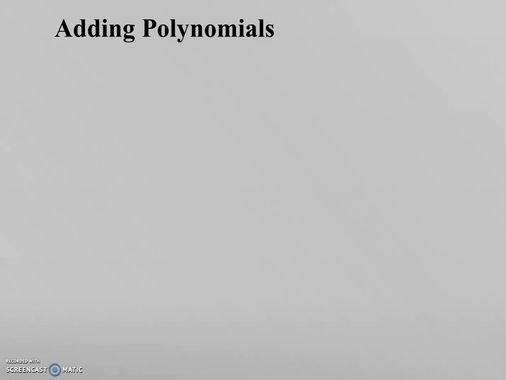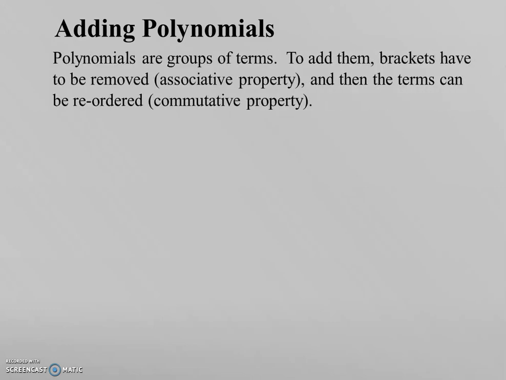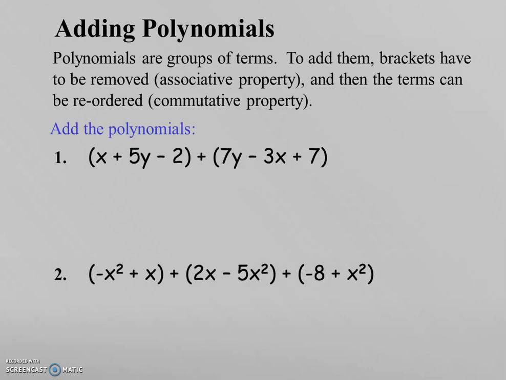Adding polynomials is the same sort of thing, except you have to remember that a polynomial is a group of terms, usually grouped in a bracket. And so we're basically using the associative property and the commutative property to allow us to reorder the terms and combine them. So the first question has two trinomials added, and the second one has 3 binomials added.